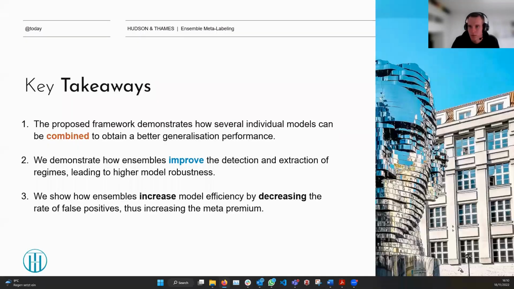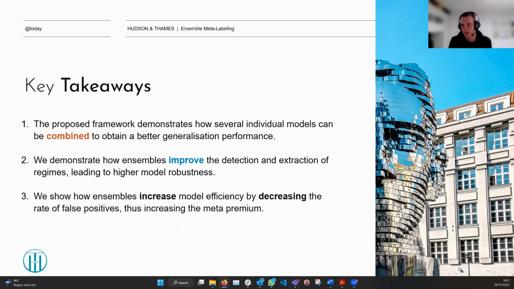So if there are 3 points I would like to highlight today, or that you should remember from this paper, the first point is on ensembles' general superiority. So the proposed framework demonstrates how several individual models can be combined to obtain a better generalization performance. Then the second point is about regimes and model robustness.